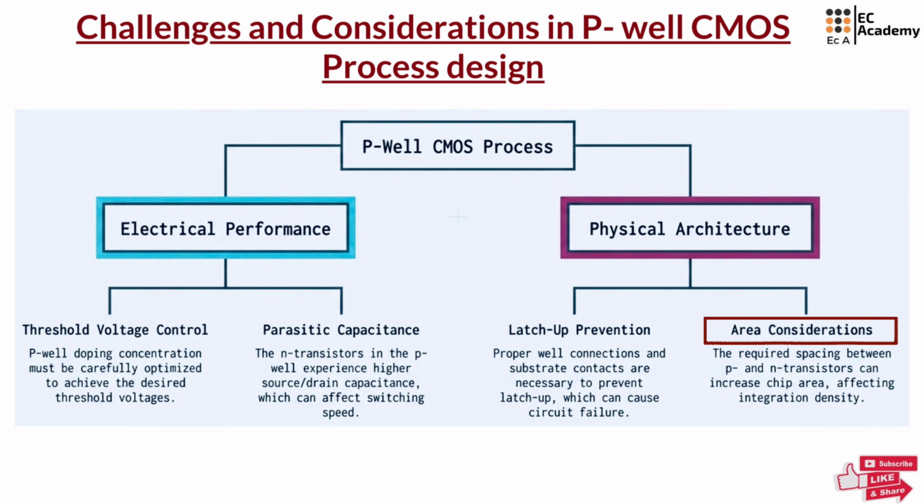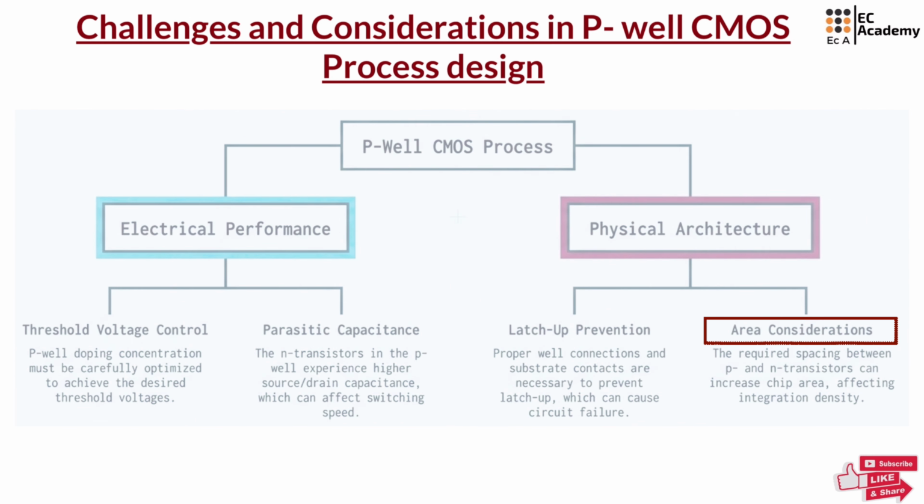We cannot put P-type and N-type transistors too closely. They require some safe spacing between them. Because of this required spacing, our total chip area increases. When the area increases, it directly affects our integration density, which means we cannot pack as many transistors into a small space as required.